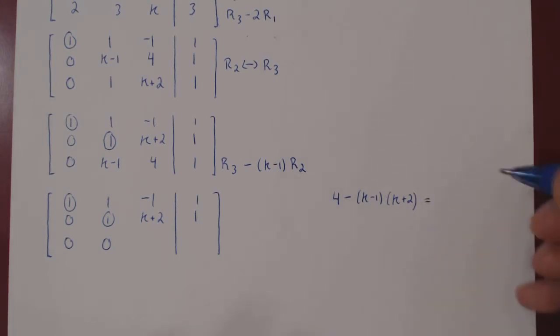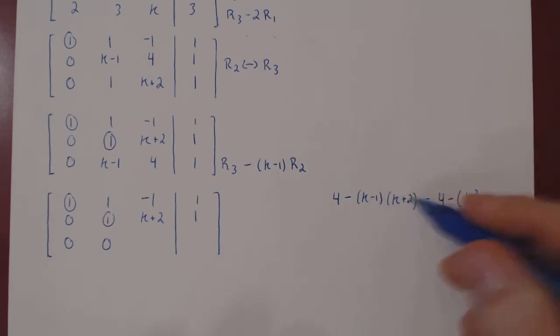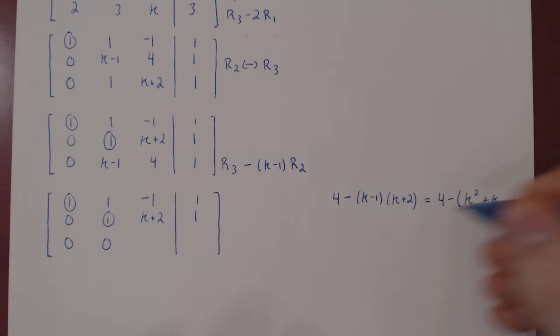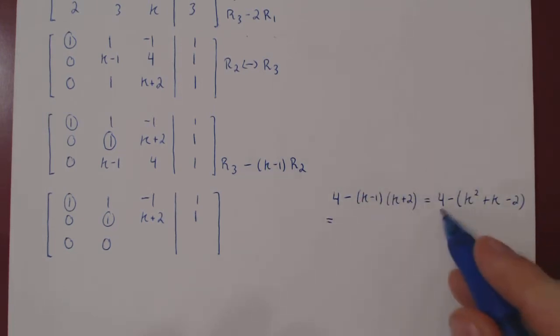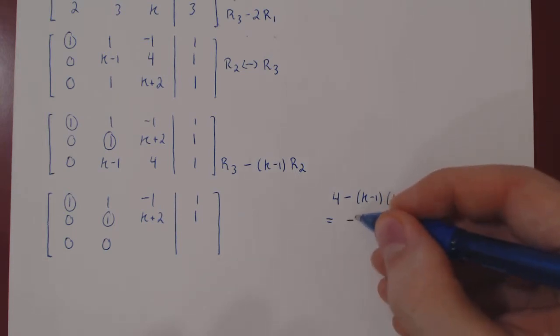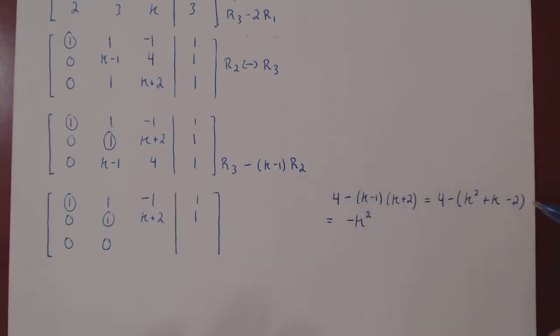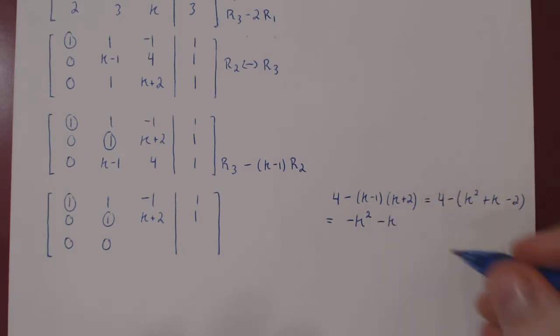Let's multiply this out. 4 minus k squared plus 2k minus k plus k minus 2. Let's distribute. We'll have negative k squared negative k. 4 minus negative 2 is 4 plus 2, positive 6.